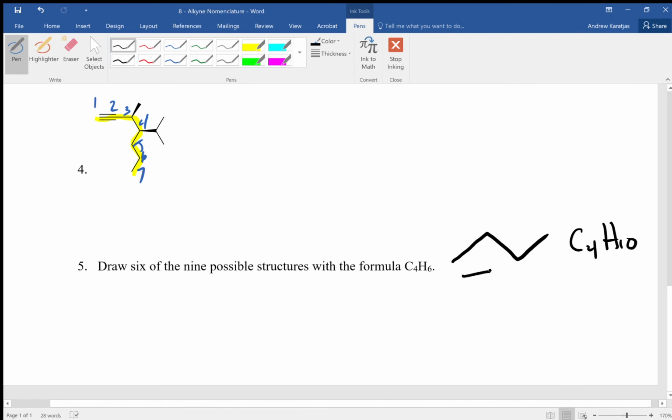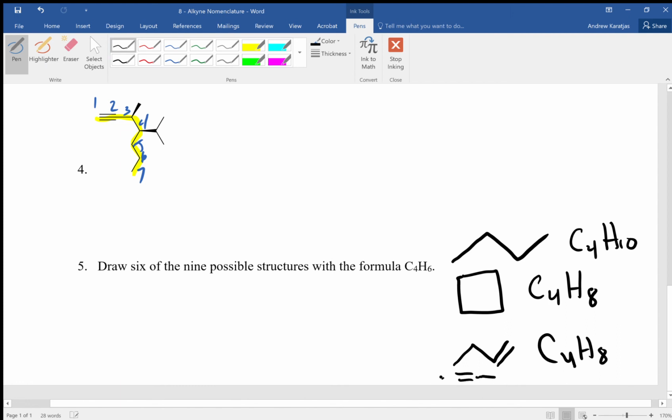Now, if we add in a ring, that takes away 2 hydrogens. So we're at C4H8. Same thing, if we put in a double bond, that also takes us to C4H8. If we put in a triple bond, that takes away 2 sets of hydrogens, so it takes us to C4H6.